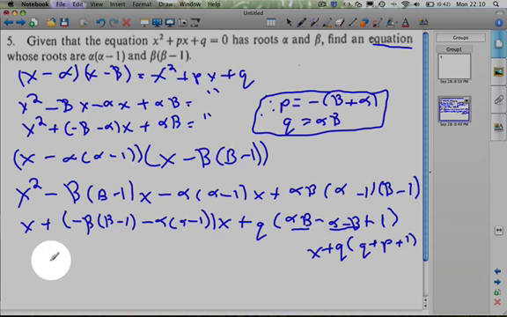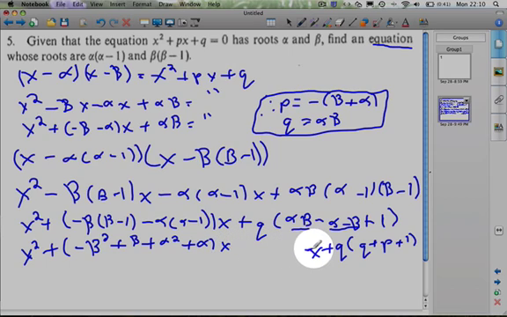Okay, then let's deal with this ugly mess in the middle. Alright, so I would suggest that we take it, expand the inside a bit more, plus minus beta squared plus beta plus alpha squared plus alpha x. There we go.